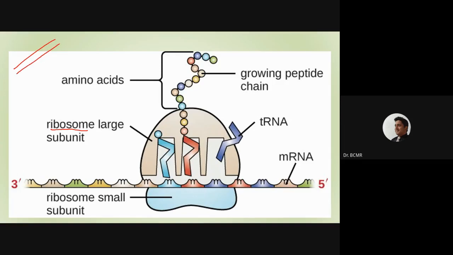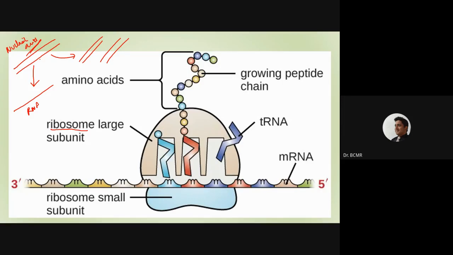I do not wonder about how a DNA can give rise to another DNA molecule, or how DNA can give rise to RNA, because they are all in the same language of nucleic acids. So at this stage, I find it easy, simple and logical that that is what should happen.